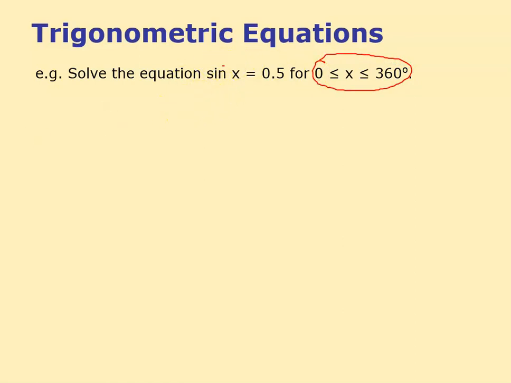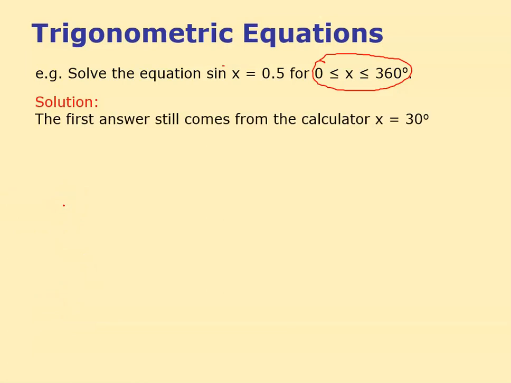So, and if you're not convinced there needs to be more than one answer, I suppose I need to try to convince you. Look, here's the starting point. Comes from the fact that we can still get the first answer from the calculator. So as before, I would go, x is the inverse sine of 0.5, and that is 30 degrees. If you do that on your calculator, you get 30 degrees.